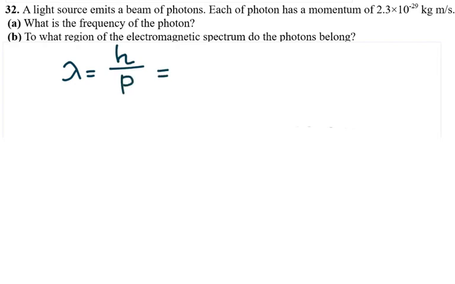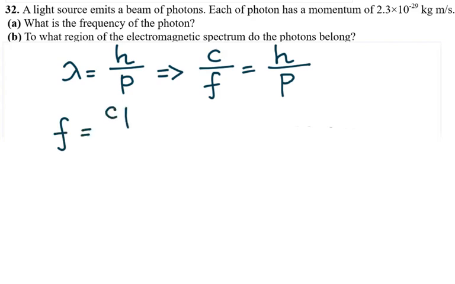So c over the frequency equals Planck's constant over the momentum, and then the frequency is equal to the speed of light times momentum over Planck's constant.